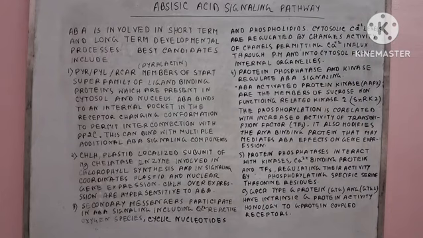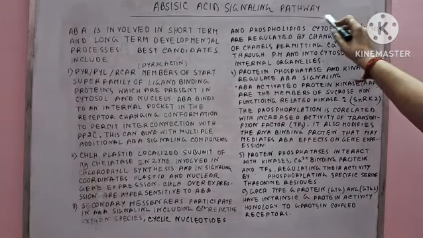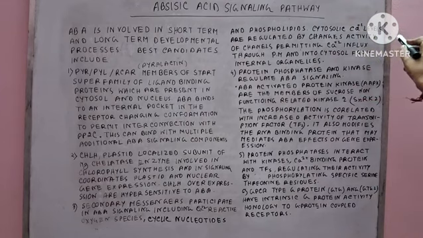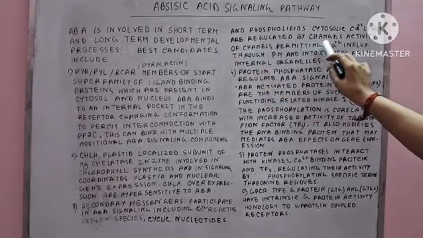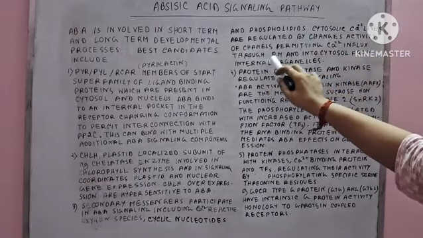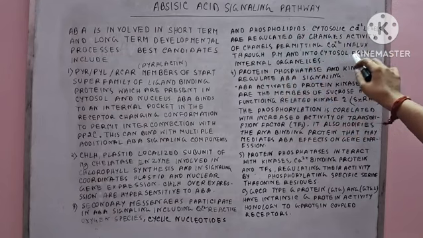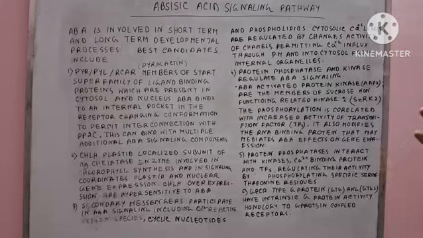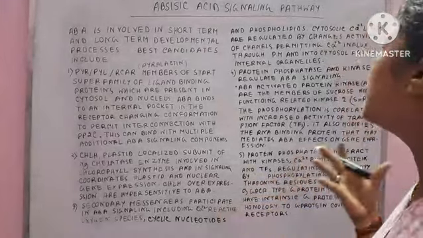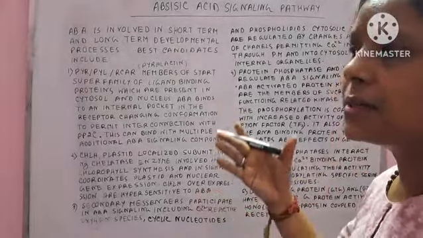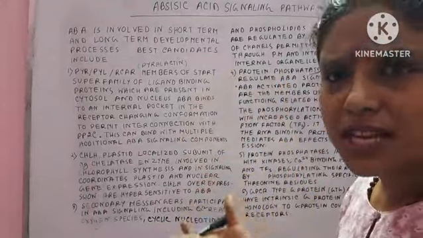These are all secondary messengers. Sometimes they are involved due to the presence or absence of calcium. The calcium level in the cytosol is mainly regulated by changing the activity of channels permitting calcium influx through the plasma membrane and into the cytosol from internal organelles. That means, very simply, the calcium level within the cytosol comes through the calcium channels.